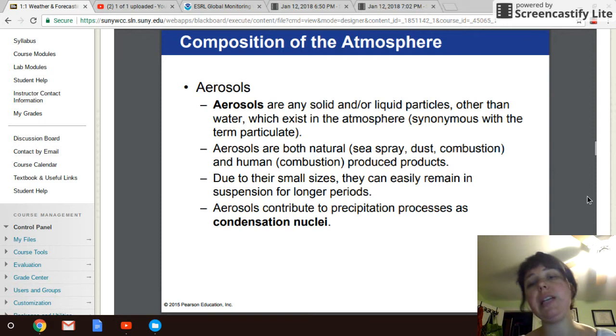Just because it's a solid or liquid particle in the atmosphere does not mean that it is a condensation nucleus. Condensation nuclei are often water droplets, so actual liquid already up there allows more liquid to stick to them. Some very specific leaf molds do it, and sea salt is very good as a condensation nucleus as well.